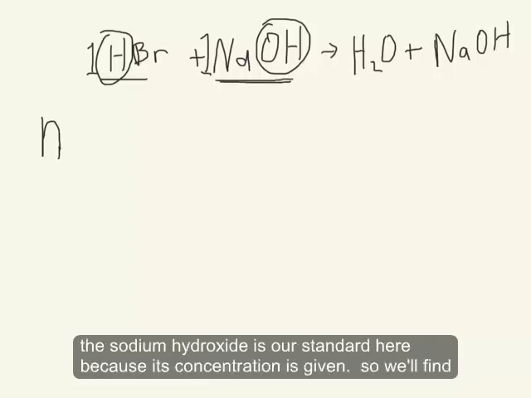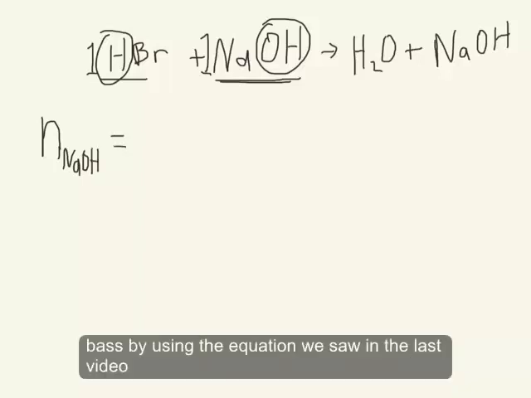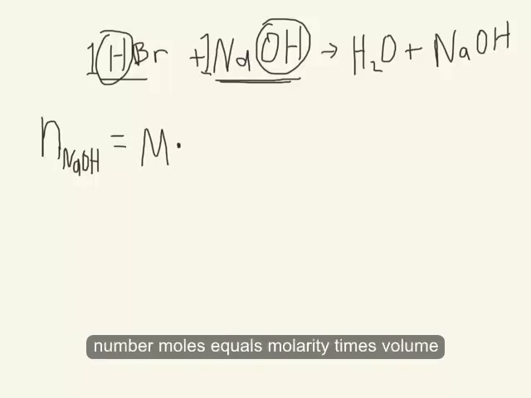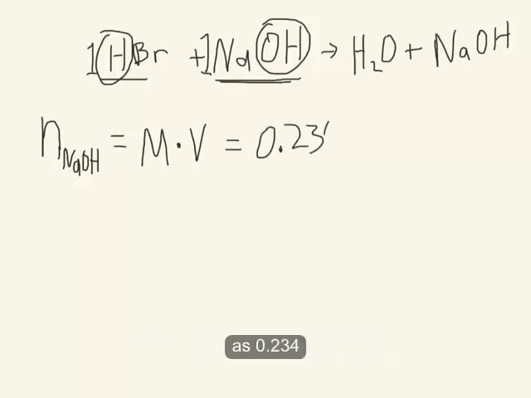The sodium hydroxide is our standard here because its concentration is given. So we will find the moles of base by using the equation we saw in the last video. Number of moles equals molarity times volume. And volume has to be in liters. And molarity is given as 0.234.